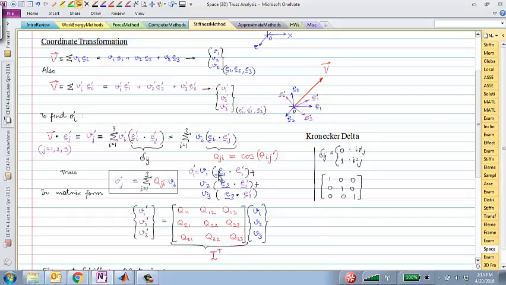And what it shows me is how V1 prime is related to V1, V2, V3.